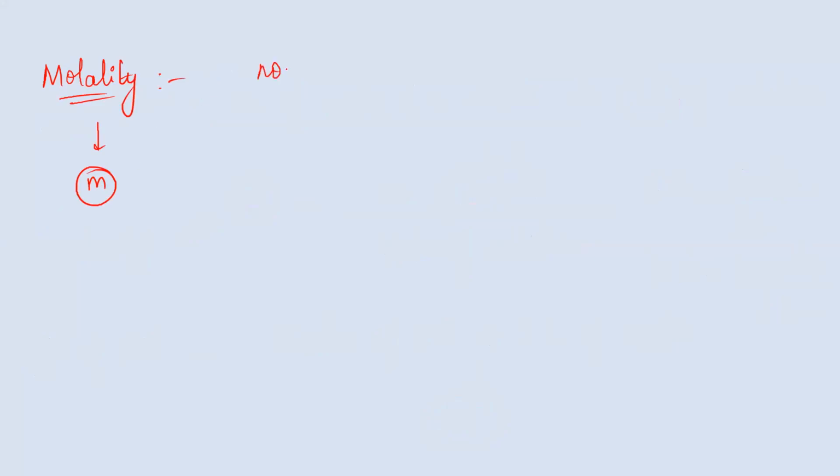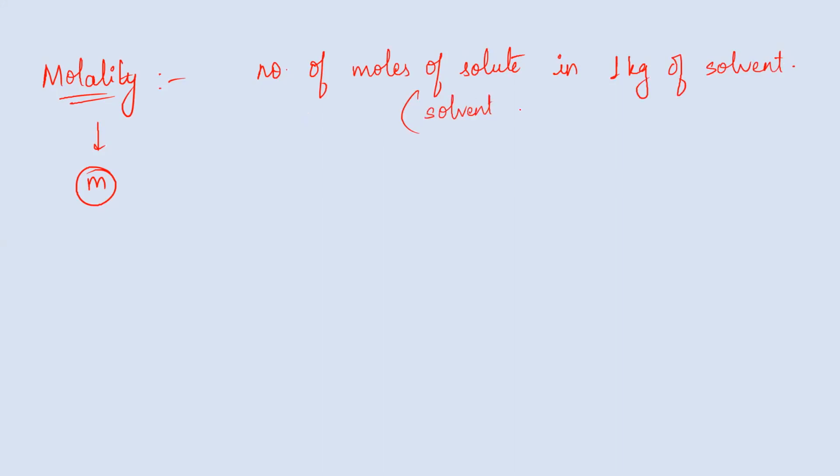So here it is the number of moles of solute in 1 kg of solvent. When we were talking about molarity, it was 1 liter of solution. Here it is 1 kg of solvent. So the solvent is considered here.